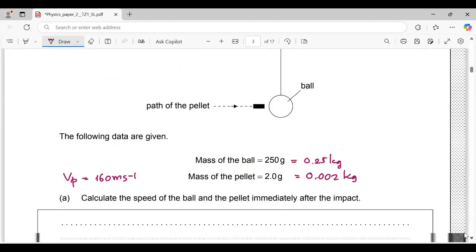And the velocity of the ball is 0 meters per second.